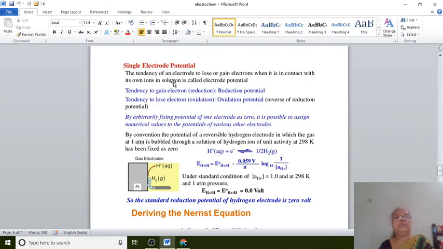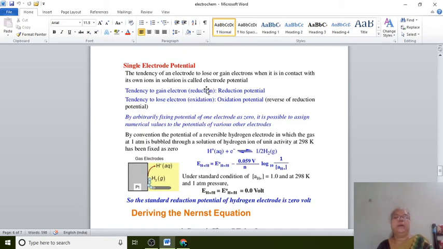Single electrode potential means the tendency of an electrode to lose or gain electrons when in contact with its own ions. And remember that there is no instrument for measuring a single electrode potential up till now. So we have to combine our electrode with another standard electrode, and that standard electrode is usually taken as the hydrogen gas electrode.